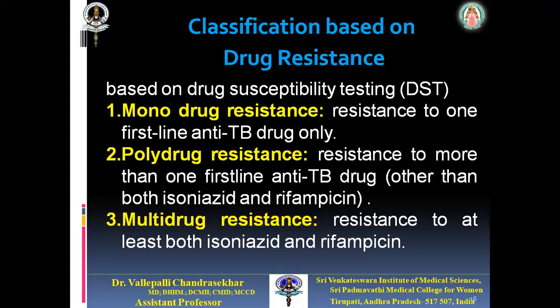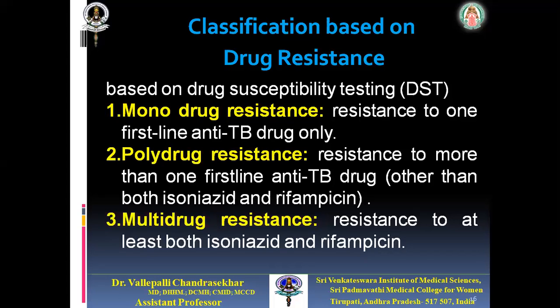The name itself says it: resistance to one first line anti-TB drug only. We will see what the different first lines or second lines are. Then the second one, polydrug resistance: resistance to more than one first line anti-TB drug other than both isoniazid and rifampicin.